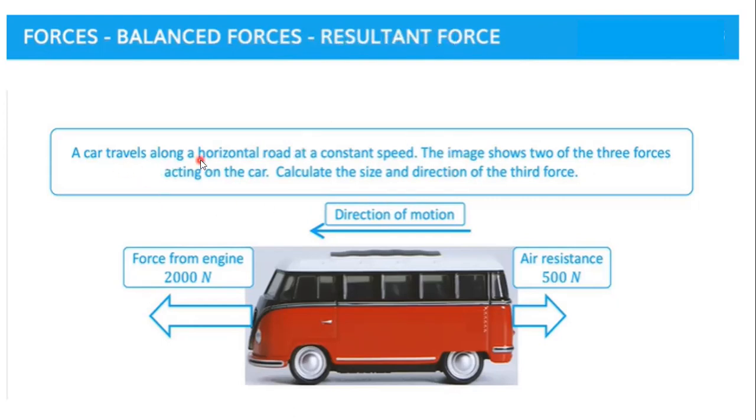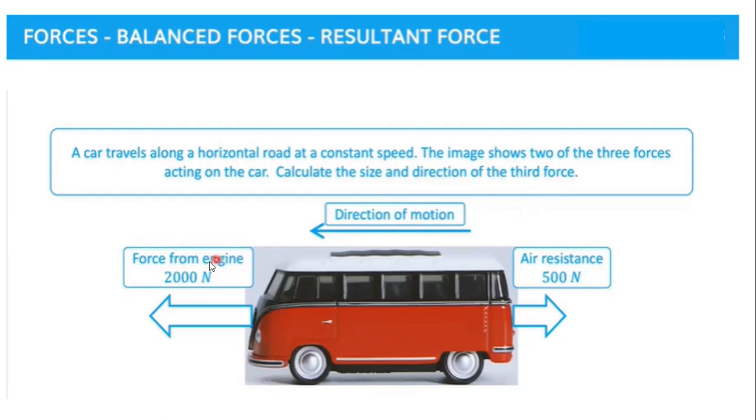A car travels along a horizontal road at a constant speed. The image shows two of the three forces acting on the car. Calculate the size and direction of the third force.